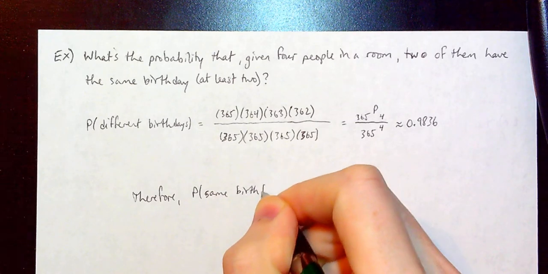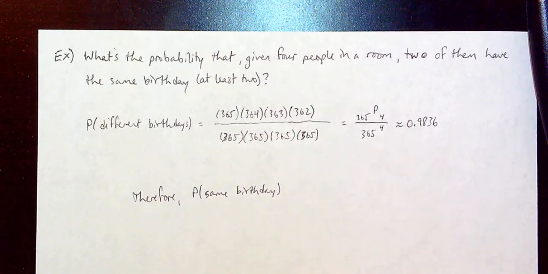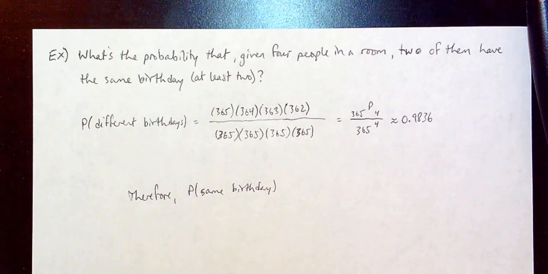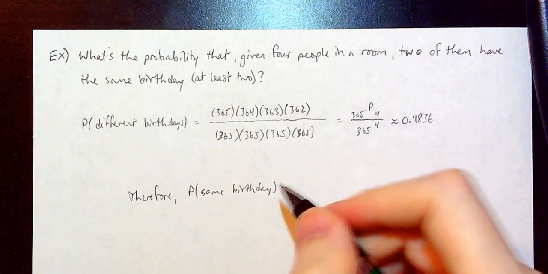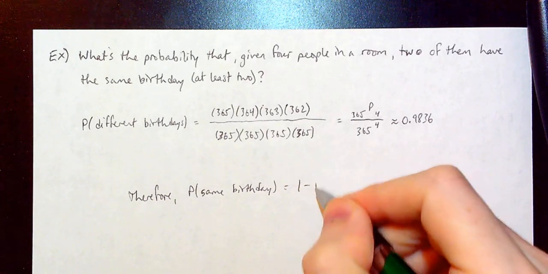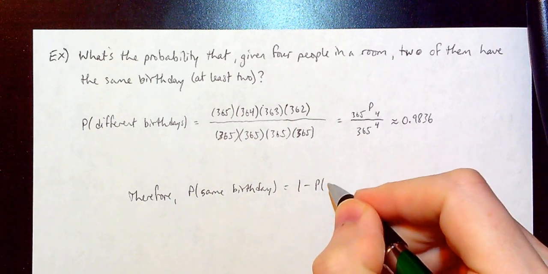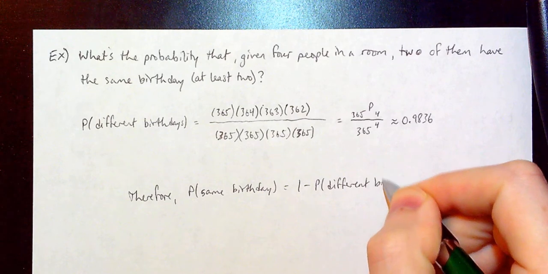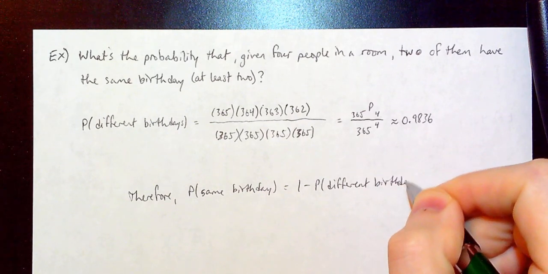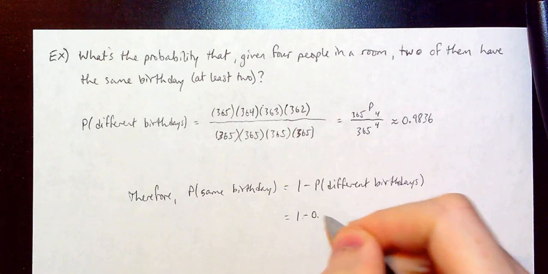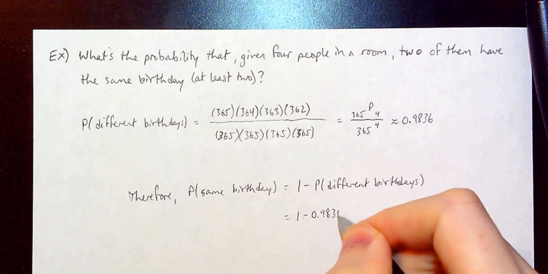So therefore, the probability that there's the same birthday between at least 2 people in this room with 4 people is going to be 1 minus the probability of different birthdays. So 1 minus 0.9836.